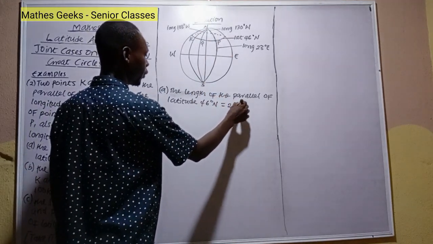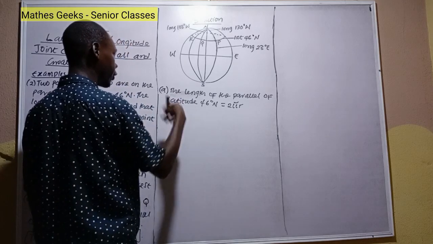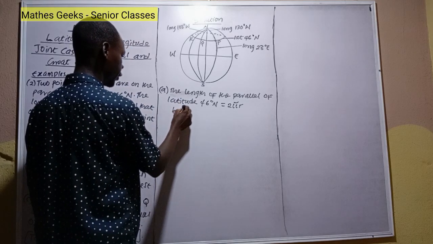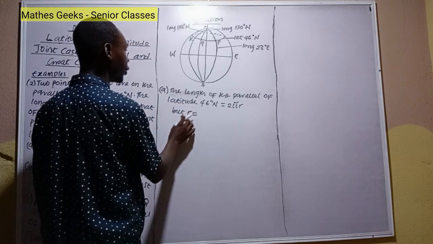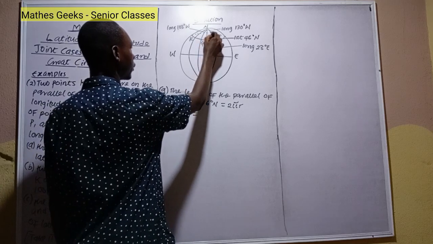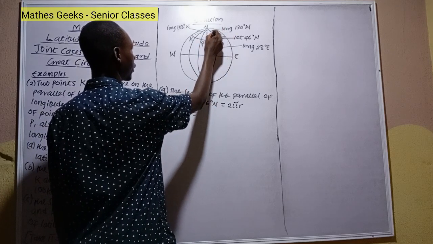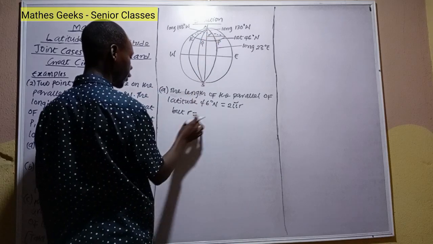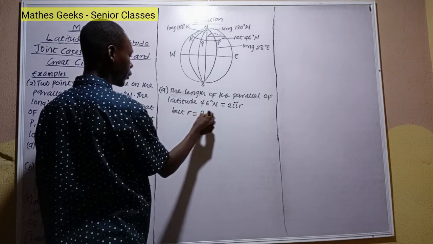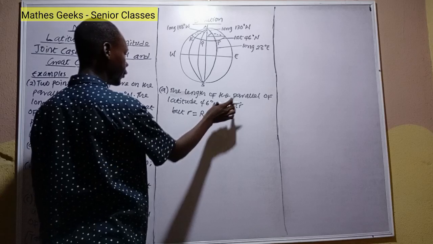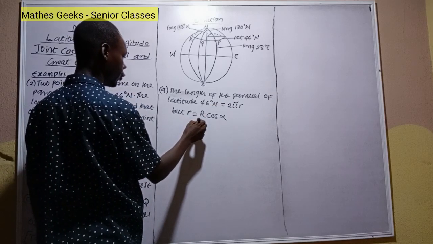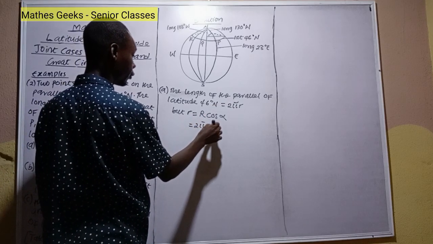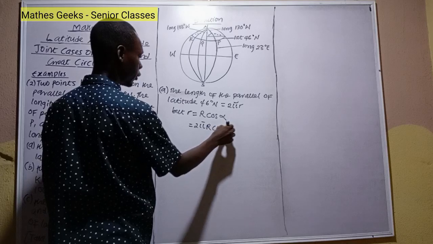That will give us 2 pi r as the circumference of the small circle, but r, which is the radius of the small circle, is equal to R cos alpha. So our equation becomes 2 pi R cos alpha.